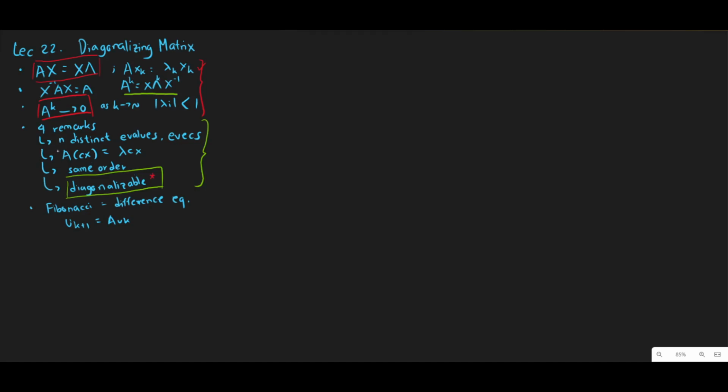So the first one is that distinct eigenvalues have distinct eigenvectors as well. That simply means if I have a matrix A, let's give it a 3 by 3, and I have lambda 1, lambda 2, lambda 3, and they are all distinct, not repeated, so no repeating eigenvalues.